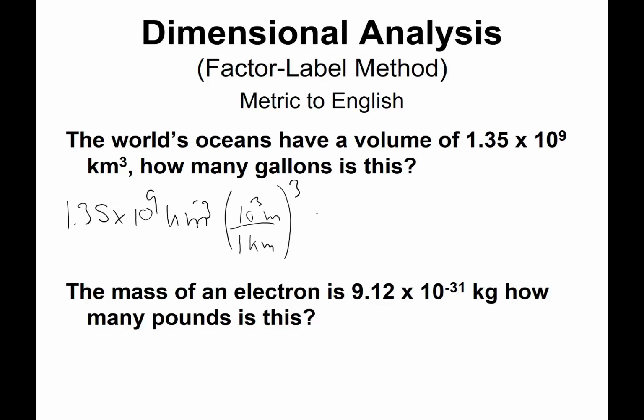So then it's going to be 10 to the 9, and km to the cube power. All right. And then we can go to gallons, sorry, we need to go to liters first. So 1 liter equals 10 to the minus 3 meters cubed. Okay? And then finally, we can go to gallons. 1 gallon is equal to 3.785 liters.